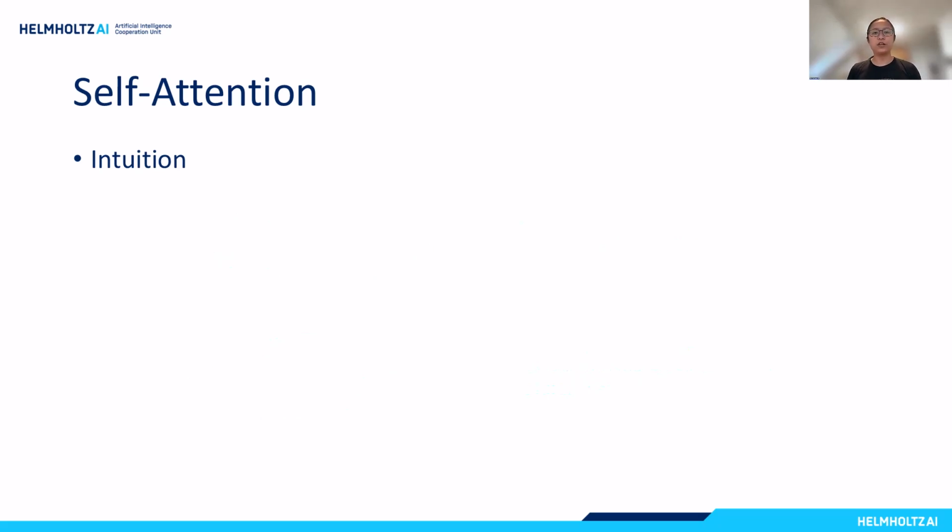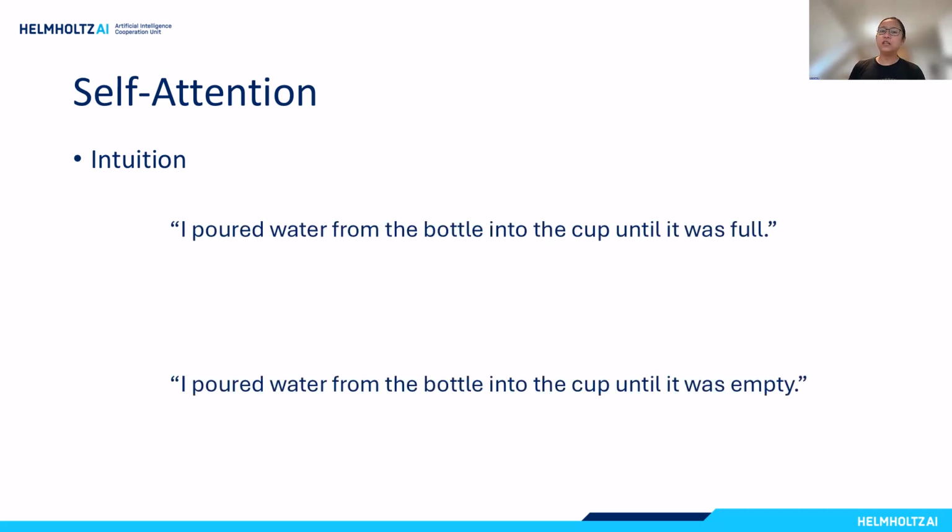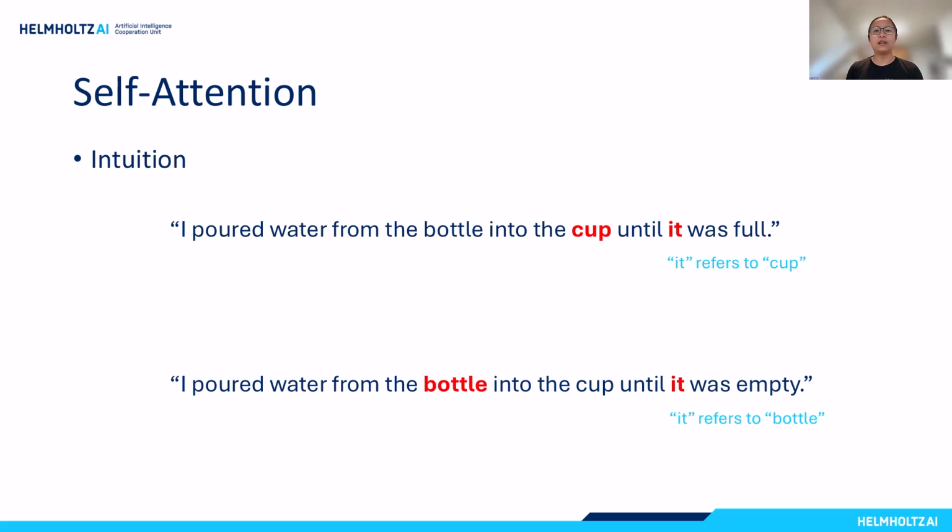Another example for the intuition. Given these two sentences, how can we know what this "it" refers to? For the first sentence, it refers to cup, and the second sentence, it refers to bottle. How can we know?